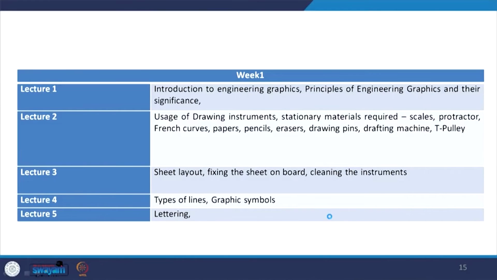So, before I close this lecture, I will quickly take you through what we are going to read in the coming weeks. Week 1 will be the introduction. We will understand the principles of engineering graphics, which we have covered in today's lecture, different drawing instruments, how different stationery materials will be used and their purposes, different sheet layouts, how we fix the sheet, cleaning the instruments, different types of lines and graphic symbols, and lettering.